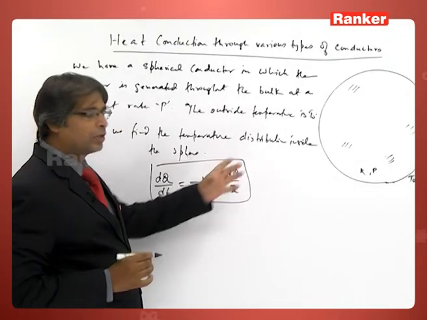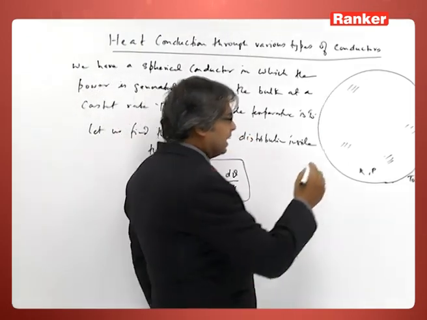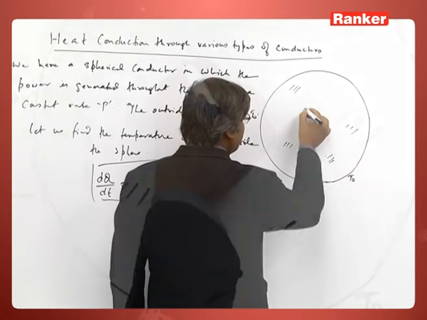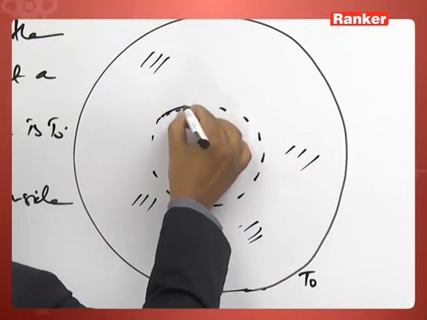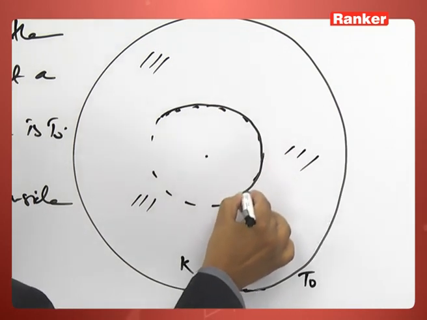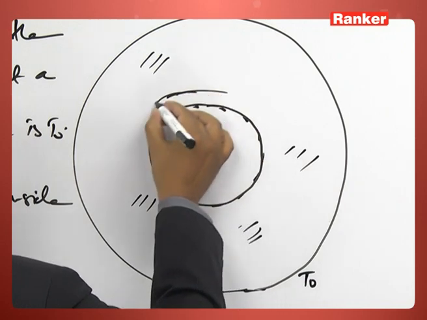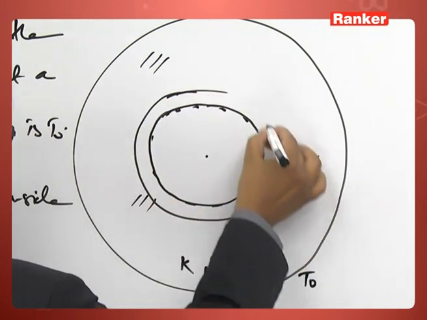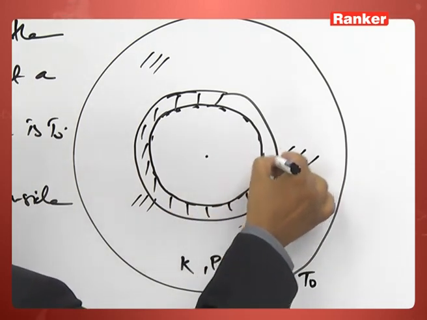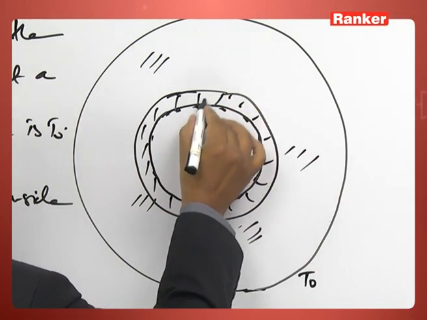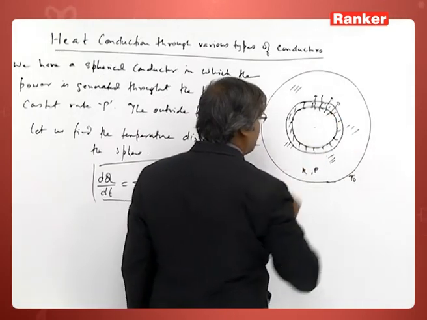This will be used to solve this. Now, let us take a concentric region. So, we have taken this region. This is an annular region, a concentric shell. I shade it, and let us see what is the rate of transfer of energy through this region.